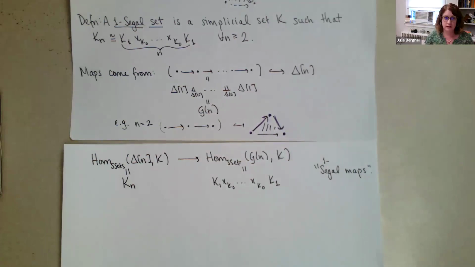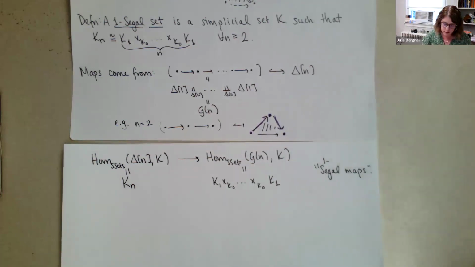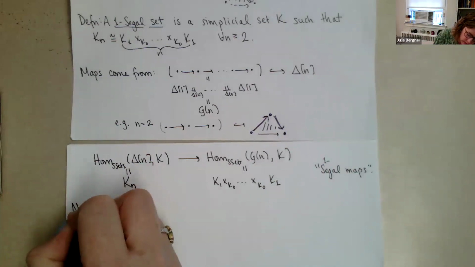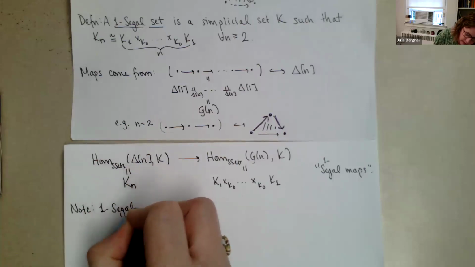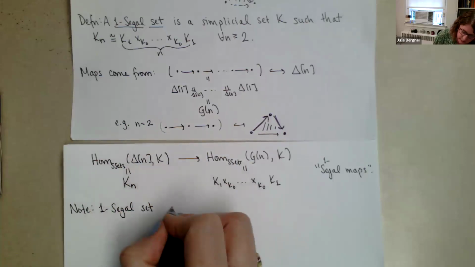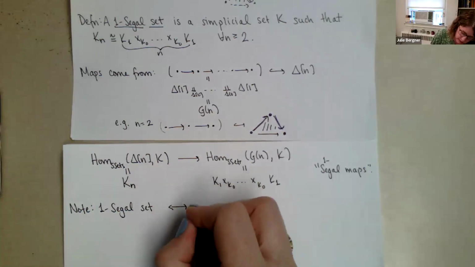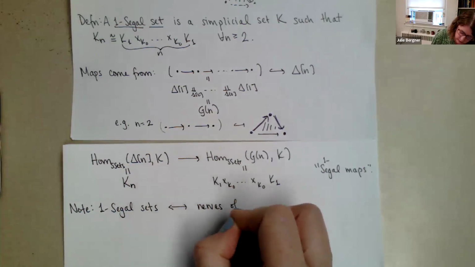And that's the condition that we're saying: when these maps are all isomorphisms, that's what we call a 1-Segal set. And in fact, these end up being the same thing. So a simplicial set is a 1-Segal set if and only if, at least up to isomorphism, it's the nerve of a category.